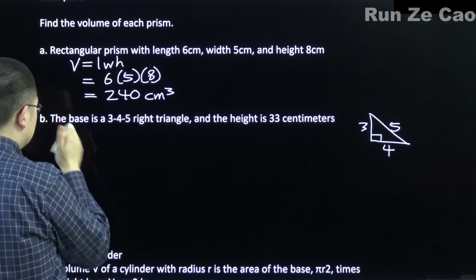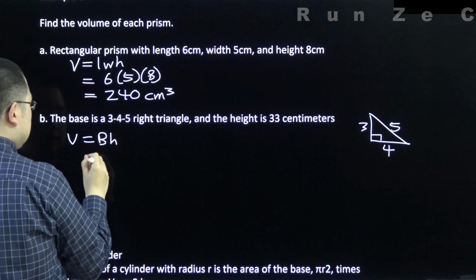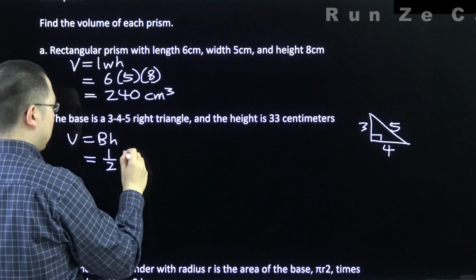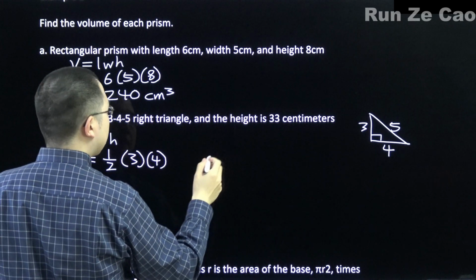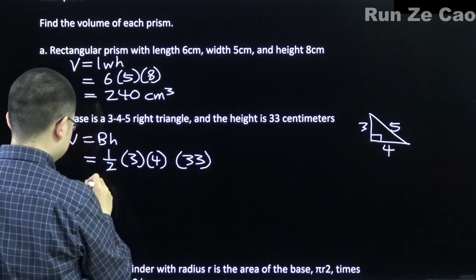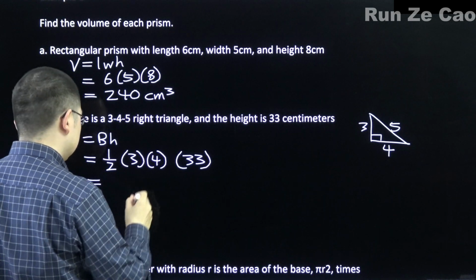So, volume is equal to base times height. In this case, base would be 1/2 times 3 by 4. And then times height is times 33. So we're talking about 6 times 33.